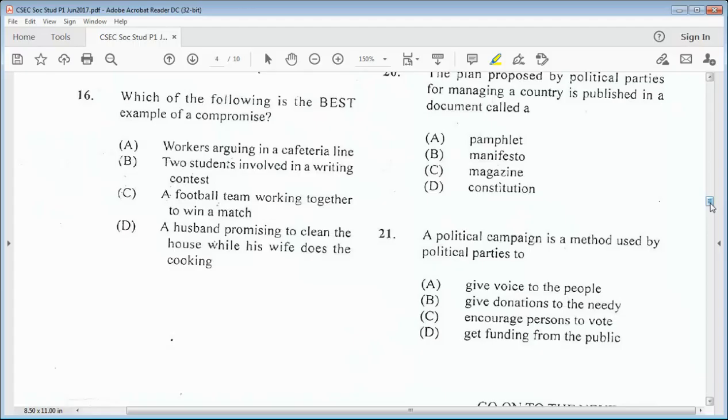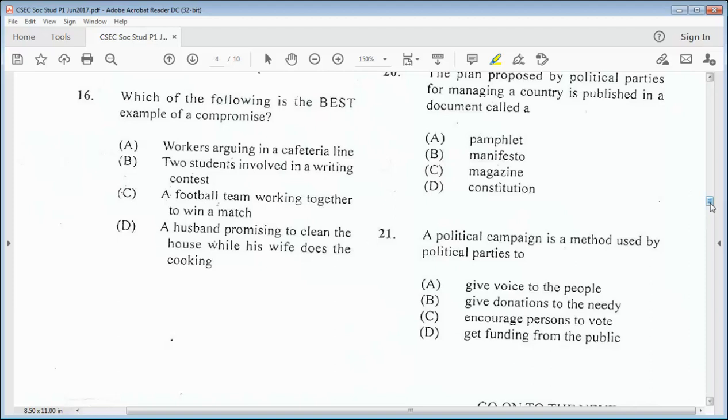So let's look at our options. Now, workers arguing in a cafeteria line. There's no compromising, there's no negotiating taking place there. B, two students involved in a writing contest. Well, in a contest, you are competing, so that is not compromising or negotiating. Let's look at C, a football team working together to win a match.